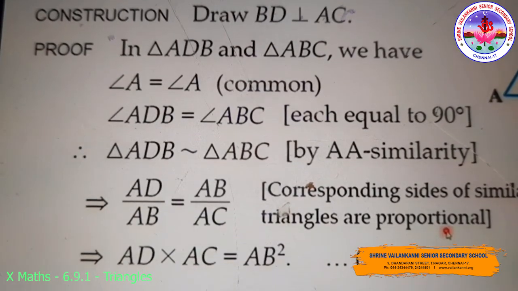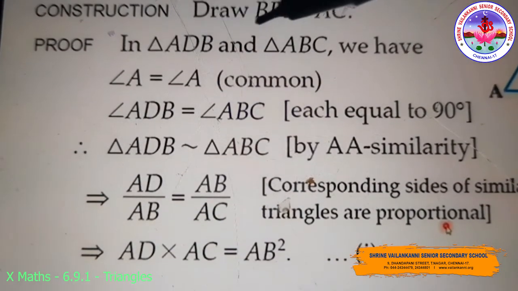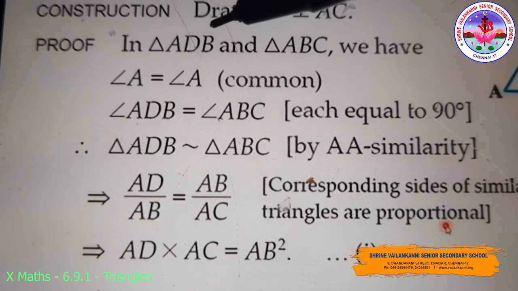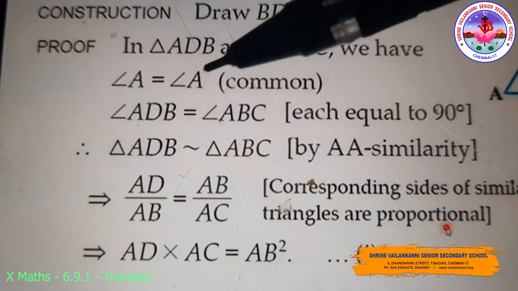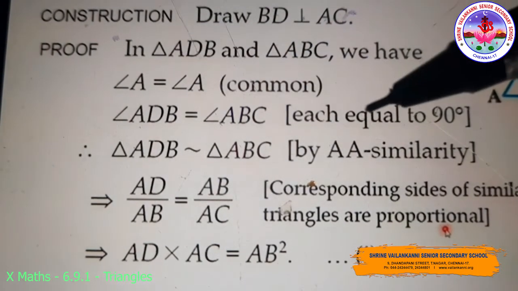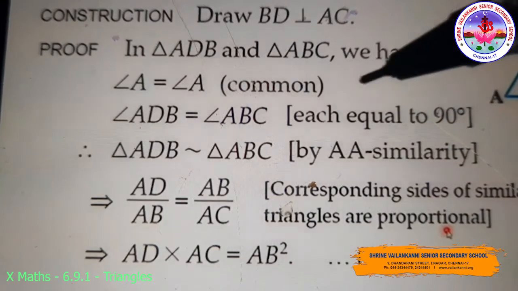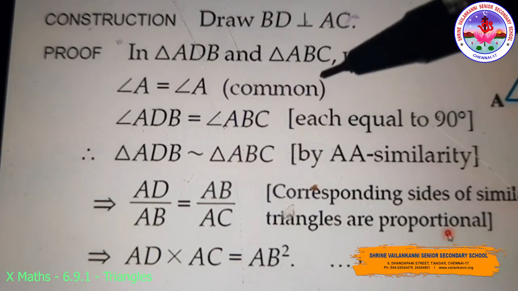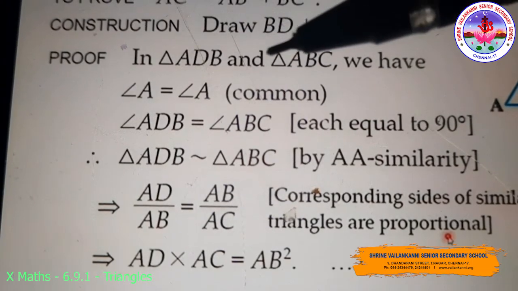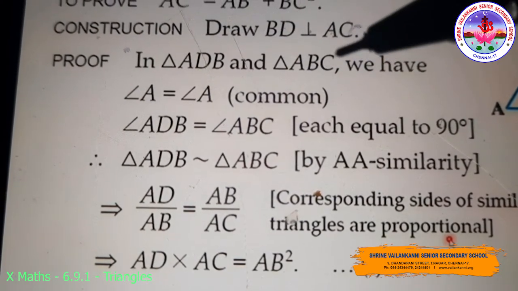Now, in triangle ADB and triangle ABC, we have angle A common to both the triangles, and angle ADB is equal to angle ABC, each angle equals 90 degrees. So, by AA similarity, I can show that ADB is similar to triangle ABC.